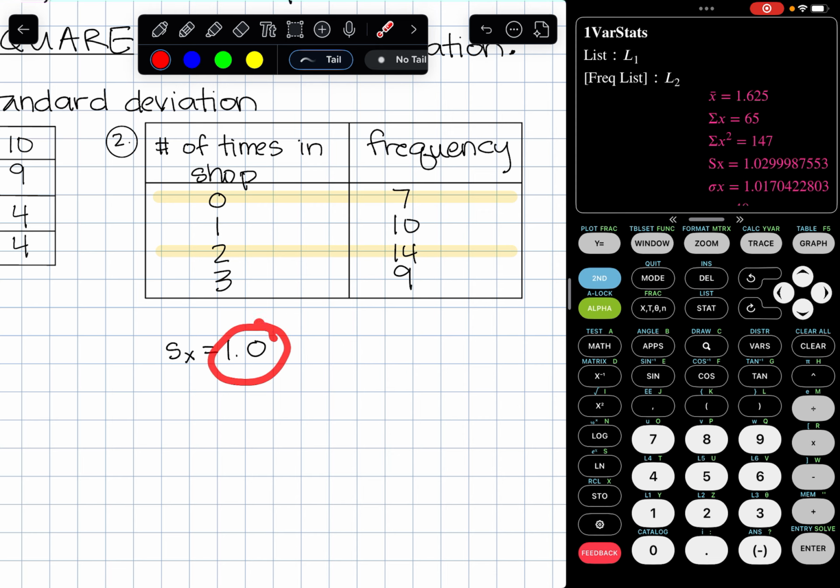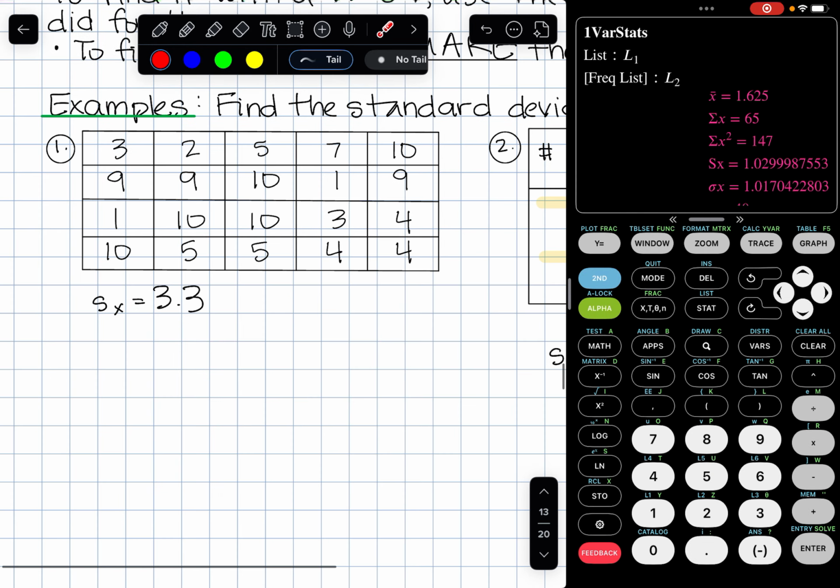So I would expect a small standard deviation or a small spread. With my list of raw data, my smallest is down at 1, my biggest is up at 10. There's data spread throughout that range, so I expect a bigger standard deviation because my data is more variable.